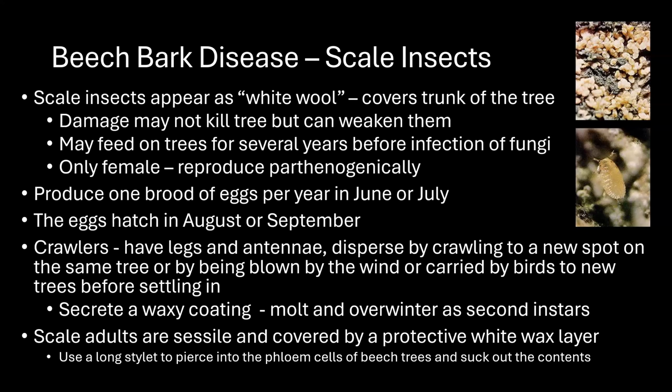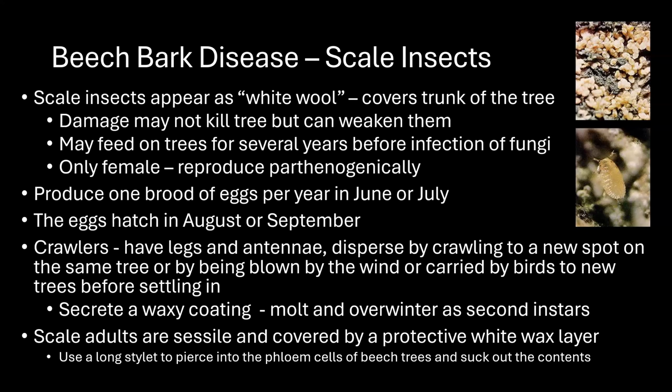Now, what's interesting about this scale, they kind of remind me in a way of aphids. With them and aphids, a lot of times these insects are only female. These are only female, and they are able to reproduce parthenogenically, basically meaning that they can almost like asexually reproduce.